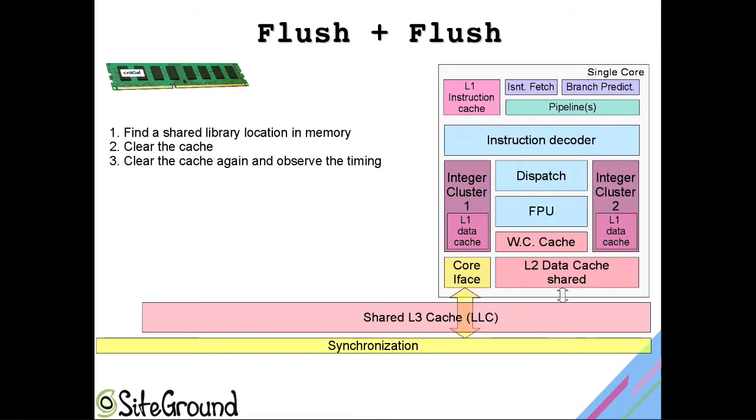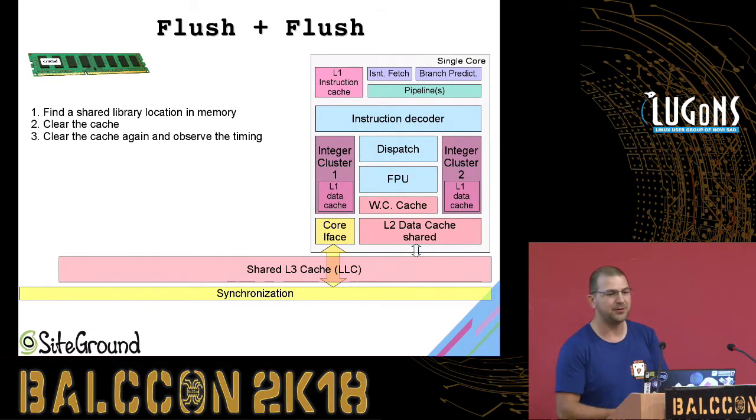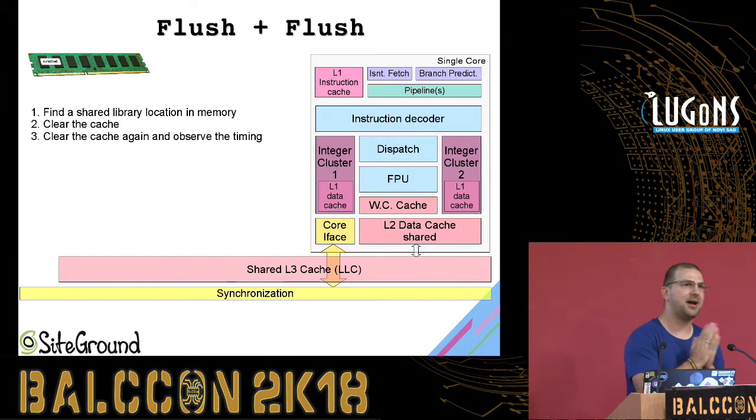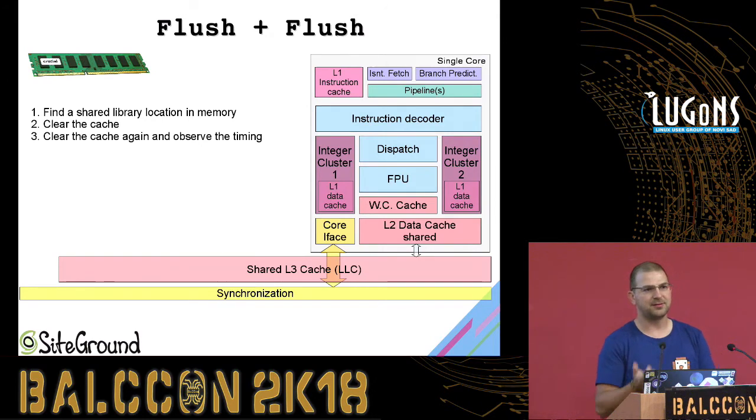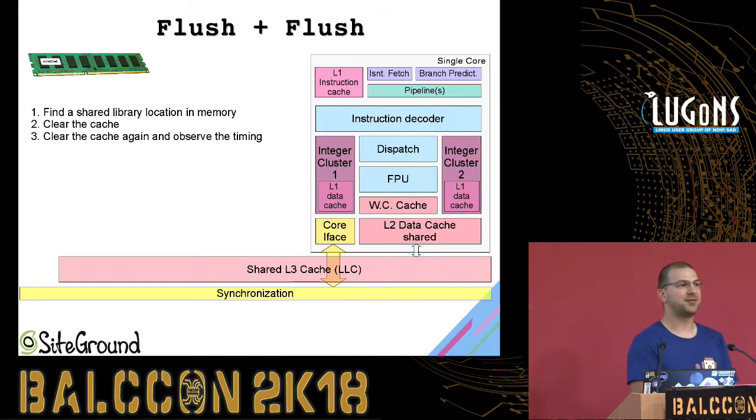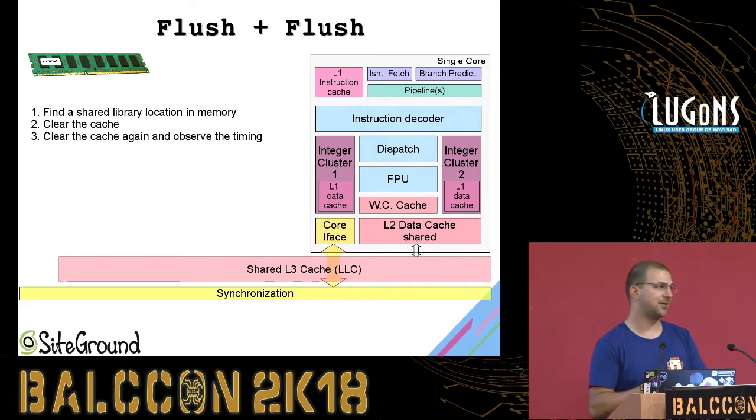The next level is Flush+Flush. It's almost the same attack, but this time you don't need to access the memory. With Flush+Reload, at certain points you would get a cache miss. And currently all CPUs have performance counters inside of them, and you can actually count how many times you got a cache miss.